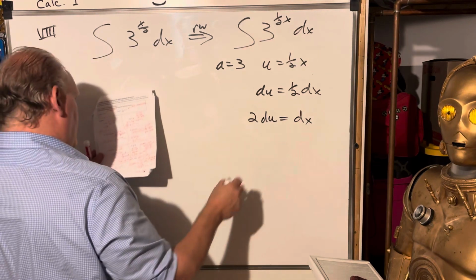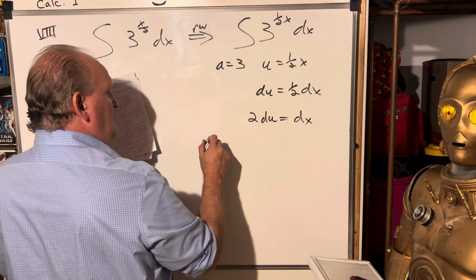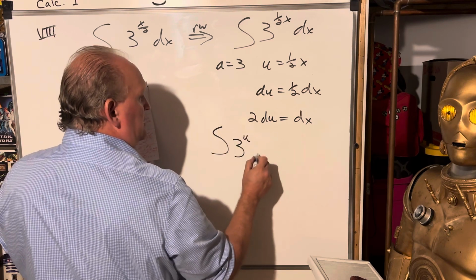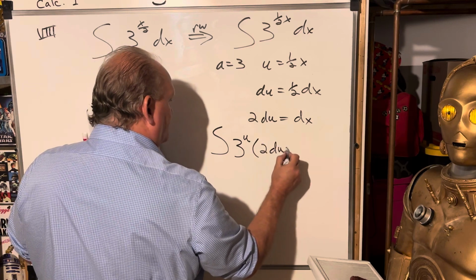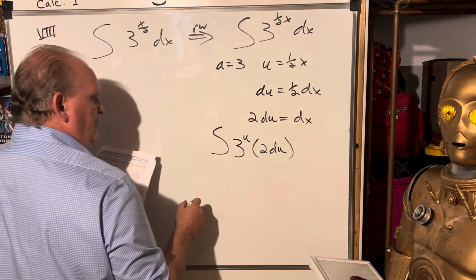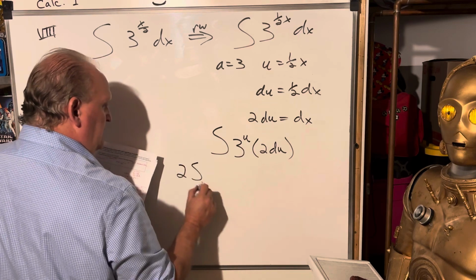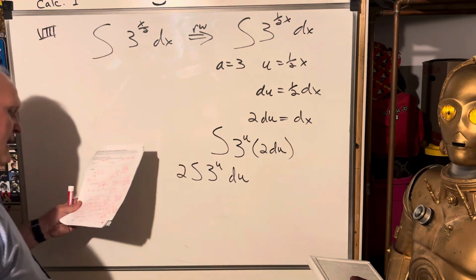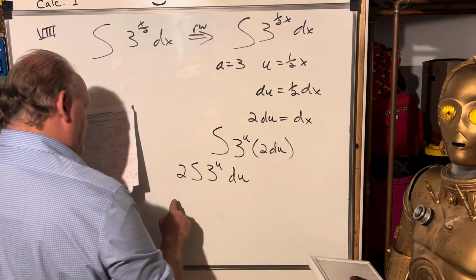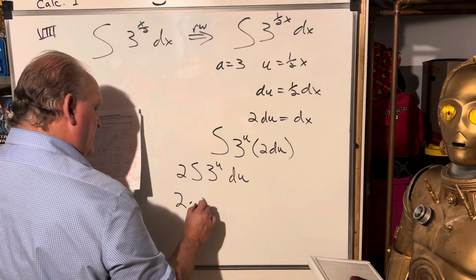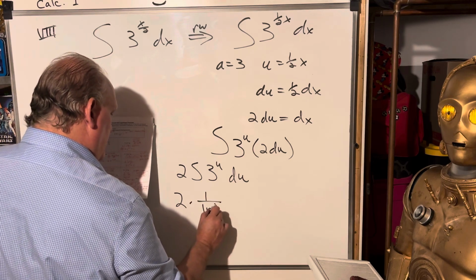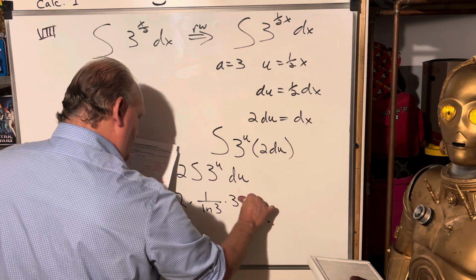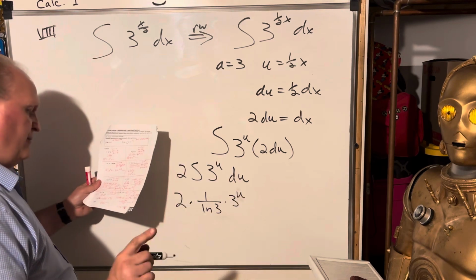And so now let's do our substitutions here. We've got 3 to the u times 2 du, and then pull the 2 out in front of the integral, 3^u du, and now work the same magic that we did last time. So we've got 2 times 1 over ln 3 times 3 to the u plus c.